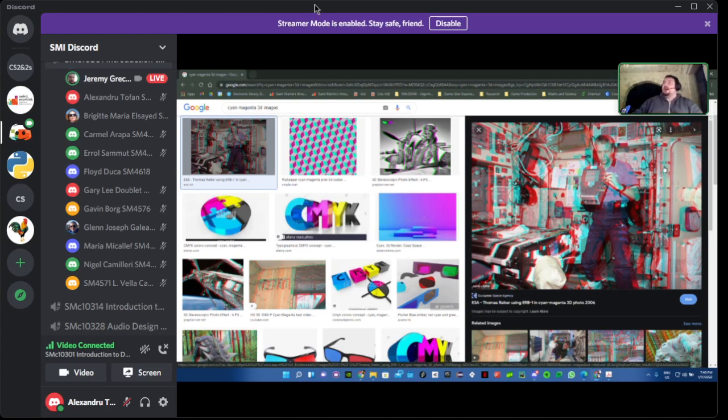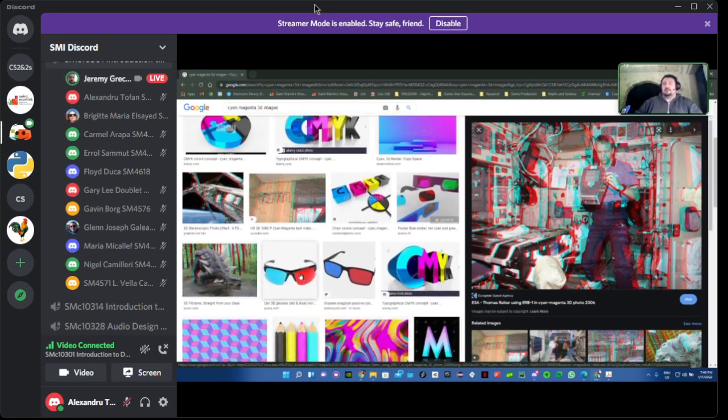One had a slightly cyan tinge, and the other was magenta. Cyan is this color, and magenta was this other color over here. Essentially, what you'd end up seeing through your magenta lens was the cyan picture, because the magenta color would be absorbed by the lens, and it wouldn't allow it to pass through.